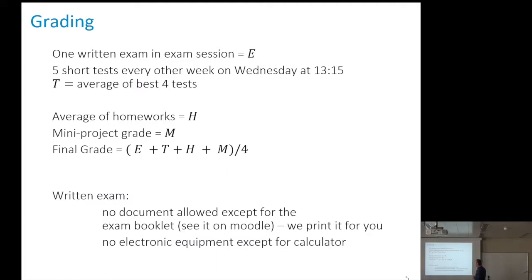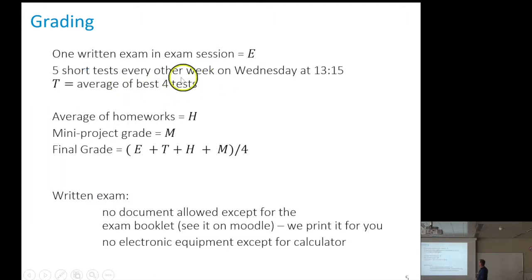The grading. So there is the written exam in the exam session, so in June, I guess. For the tests, we take the average of the best 4. That means you can skip 1, if for whatever reason you're sick or you have an emergency, like an advanced programming lab or a programming marathon with 4 nights, and you can't do it.